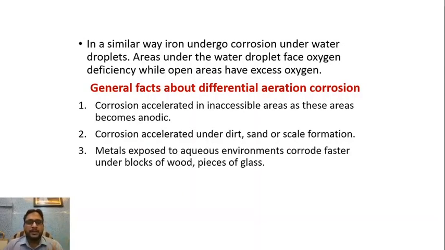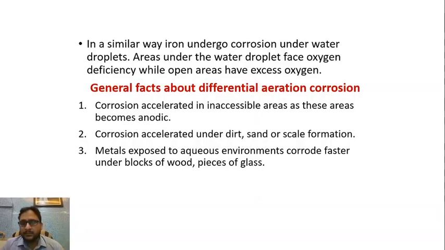Point 3. Metals exposed to aqueous environment corrode faster under blocks of wood and pieces of glass. For example, if a metal is immersed in a liquid, most of the time in rivers and ponds we have certain kinds of waste material flowing, for example pieces of wood or pieces of glass or polythene, paper.